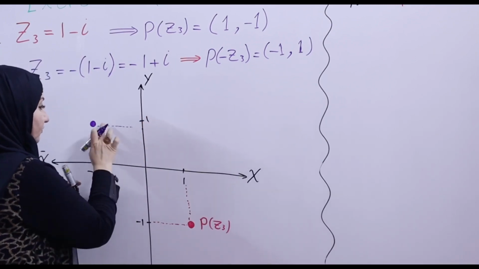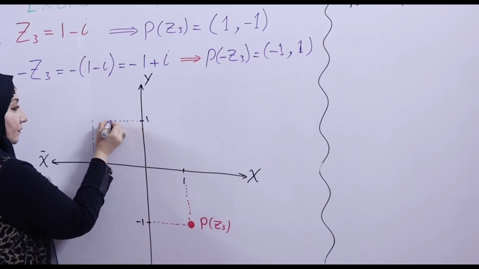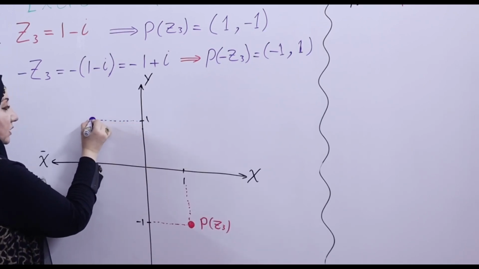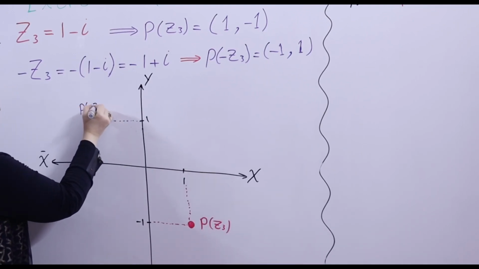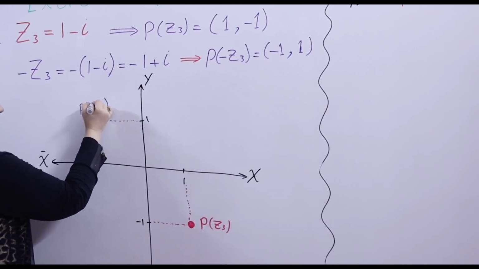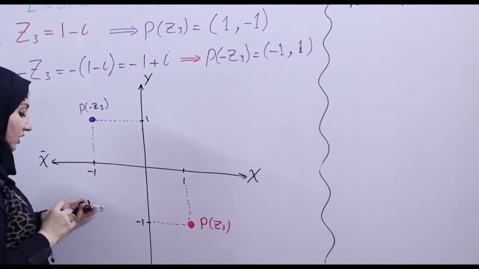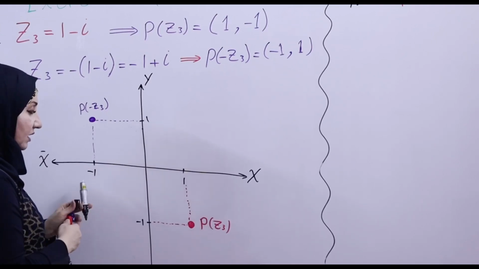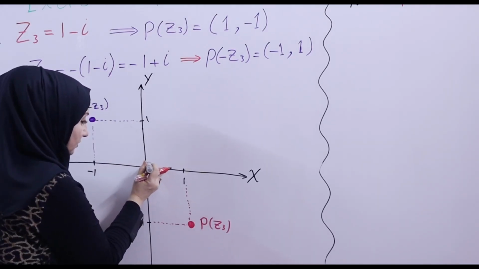Here is positive 1, so this point represents negative Z3. And now we will draw the Argand shape. Here this is the origin.